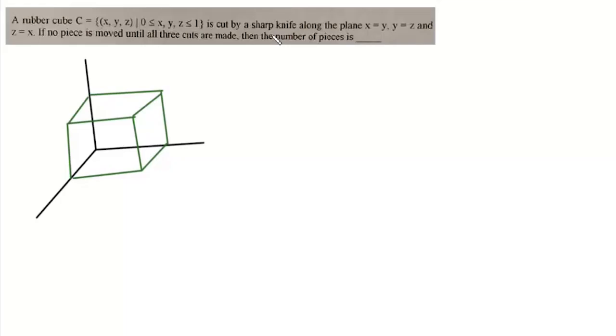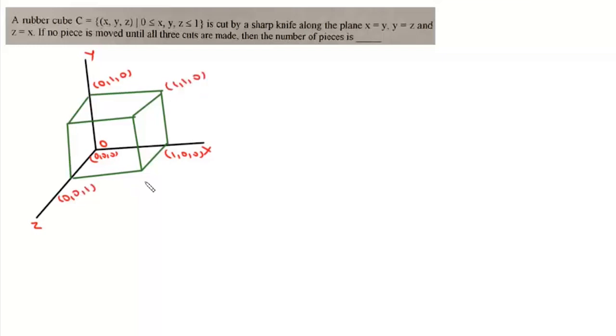Now the question is, we have this rubber cube C in the first octant, and this is origin. This is, suppose, the x-axis, y-axis and z-axis. Now this is 1, 0, 0. This is 0, 0, 0. This point is 0, 1, 0. This is 0, 0, 1.